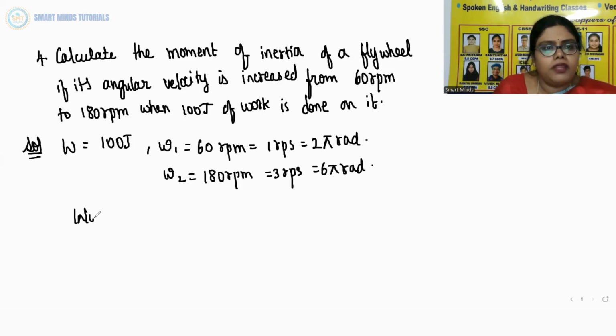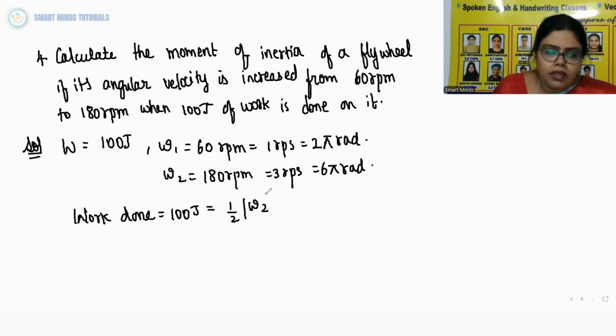Now we need to find out work done. Work done is already given here, 100 joules. We have a formula for work done, that is half I omega 2 square minus half I omega 1 square.